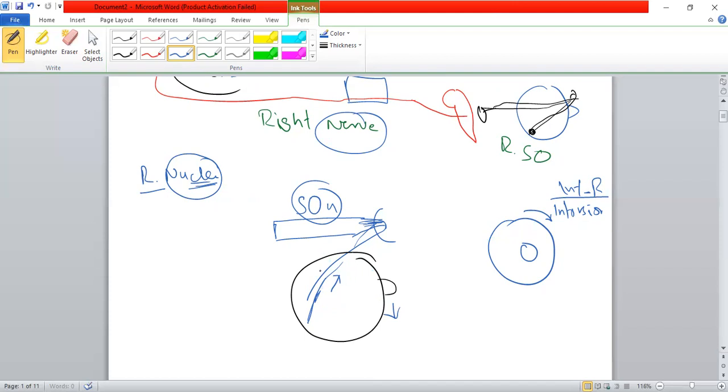So it will internally rotate the eyeball. The eyeball will come down and will also abduct.